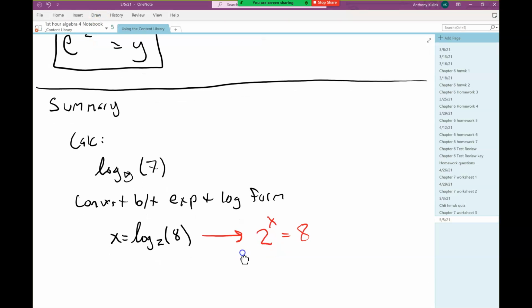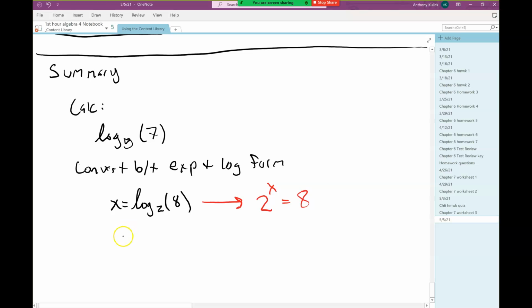Or I could give you something in exponential form, like 5 to the third is equal to x, and you should be able to convert that into the logarithmic form.